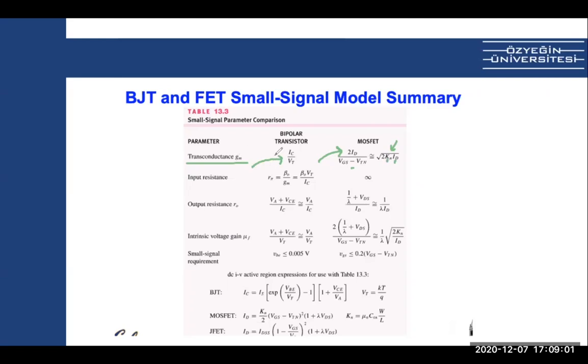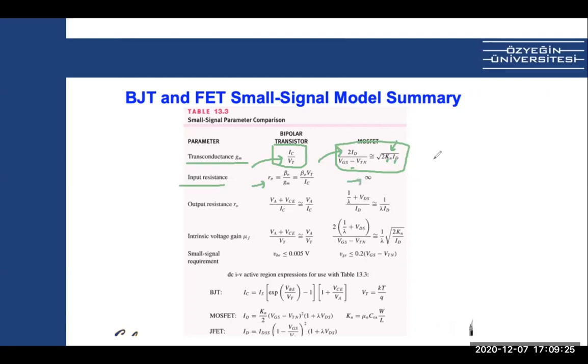You need to know these things by heart. The exam is open notes, so eventually you can look at the notes as well, but you need to know what they mean and how you calculate them. For a BJT, the input impedance is R pi, but for a MOSFET, it's infinite.